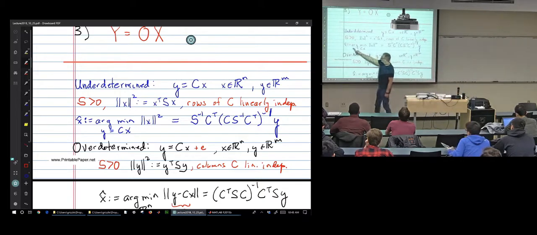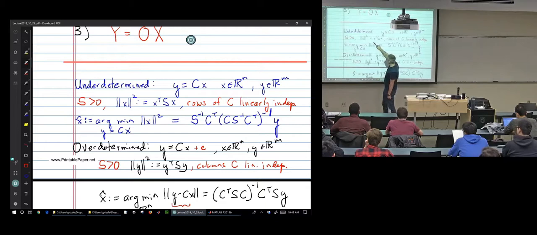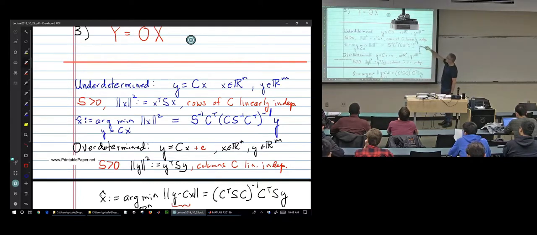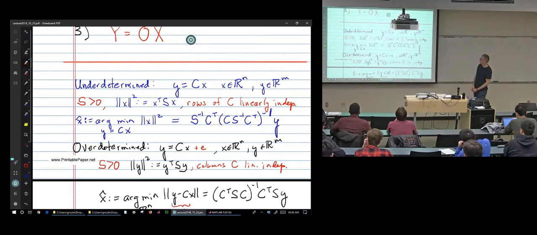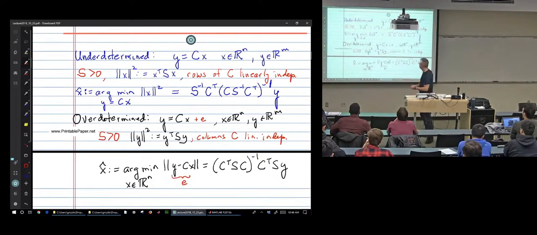And then I told you the answer was this. If I try to find the x of smallest norm in this weighted norm, subject to x satisfying the equation, then this is the answer. It's a linear function of the measurement: you calculate a gain times y. Whereas when we did the overdetermined case before, I first just gave you the answer, and the only difference is we wrote it as y equals A times x, so you probably have encoded in your brain A transpose A instead of C transpose C. I know.